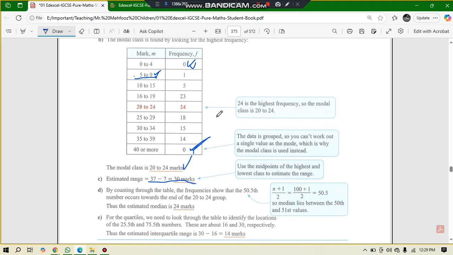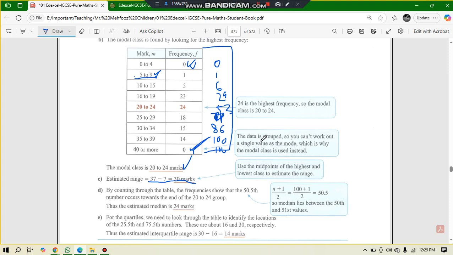If we find the cumulative frequency table, it is 0, 1, 6, 29, and 29 plus 24 equals 53. Then 53 plus 18 equals 71, right? Then 71 plus 15 is 86. 86 plus 14 is 100.